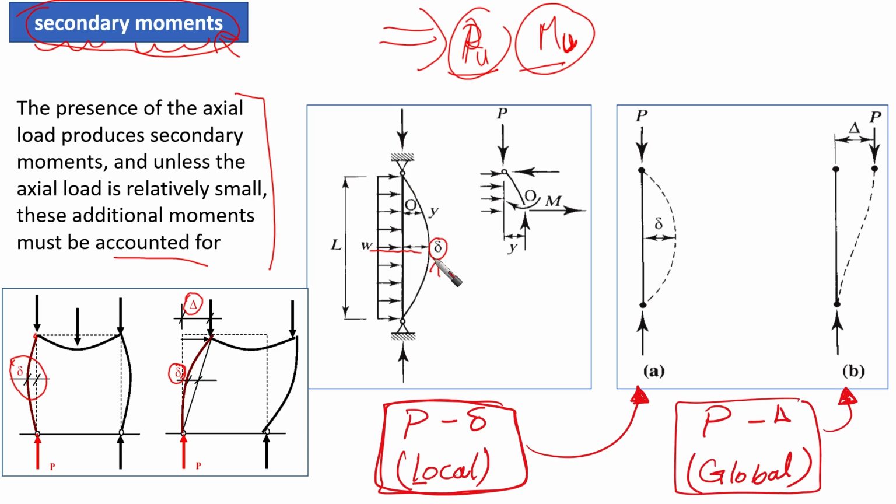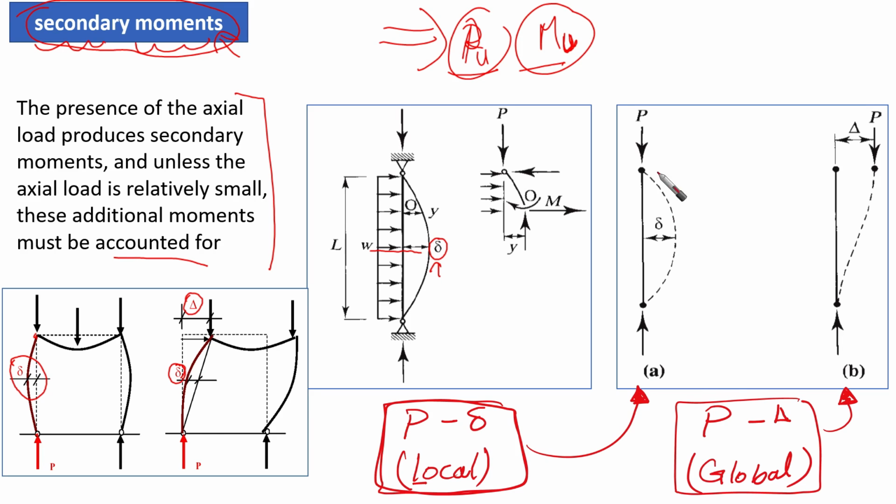And by some differential equations and mathematical work, we can obtain exactly how much that is going to be, based on the end conditions, the type of loading, and the inertia of the element. So there is a differential equation for the derivation of the maximum amplitude or the maximum amplification factor that we are going to use. But anyway, I'm just laying down here the main important idea.